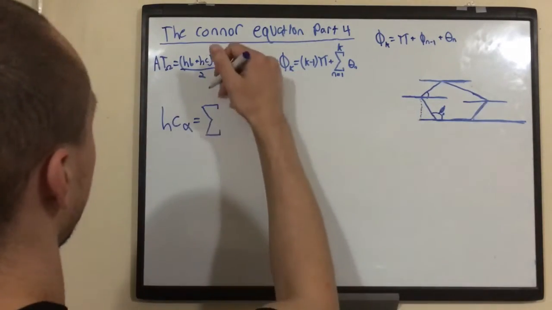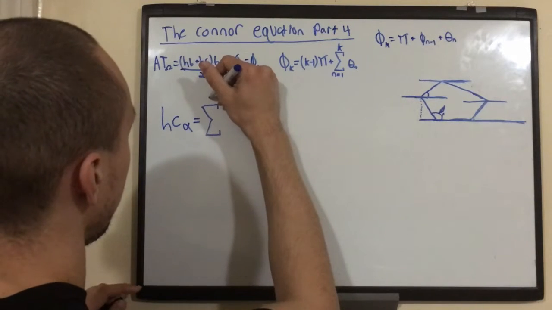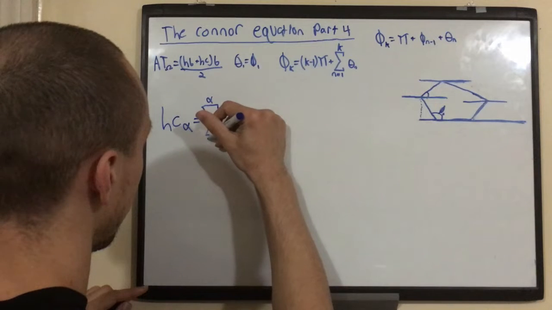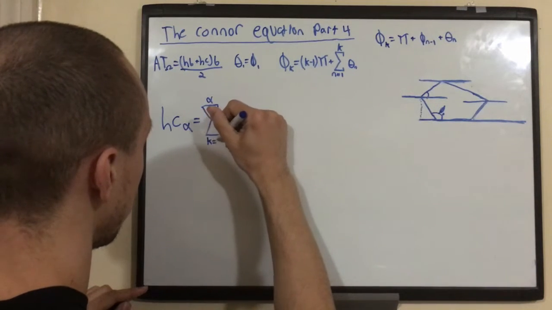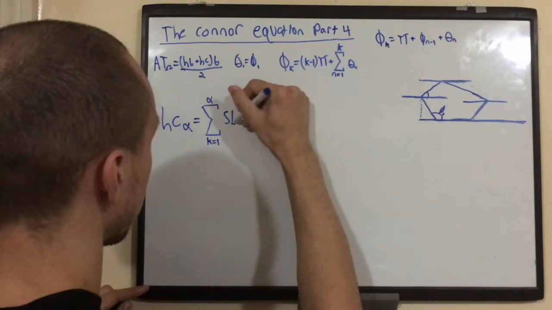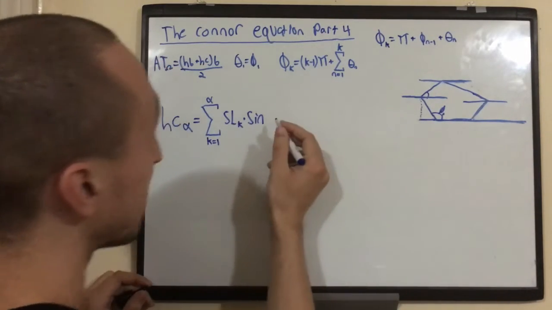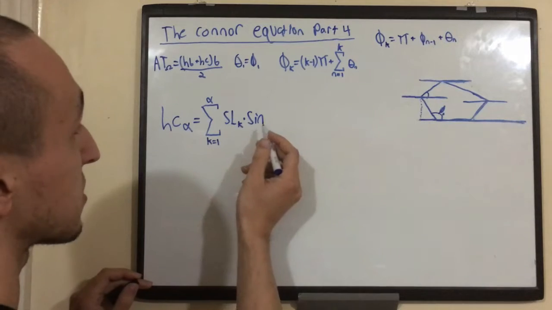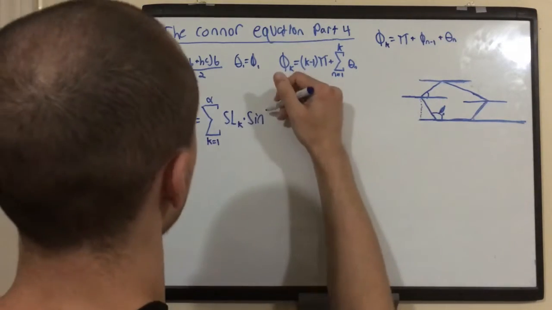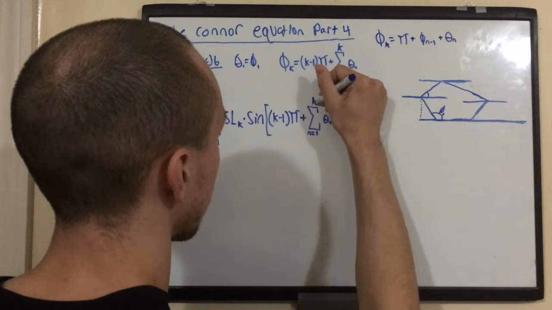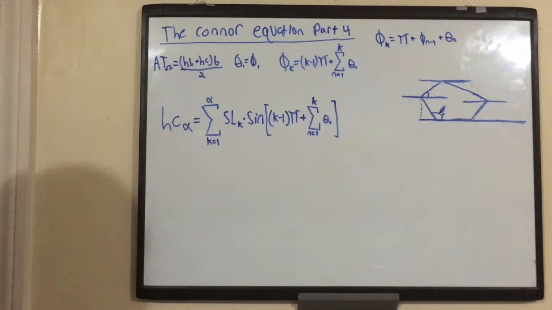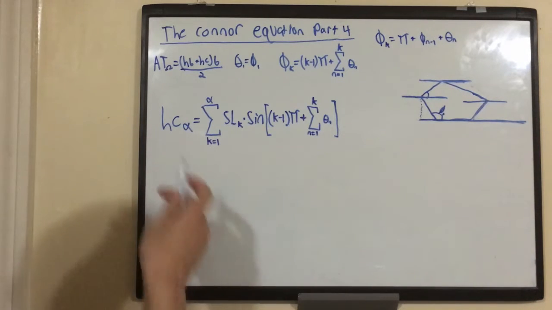Here we're going to put alpha, just regular alpha, and here k equals 1. So we're going to sum up SLk times the sine of phi k. And that's it.